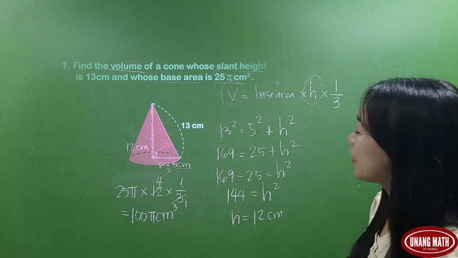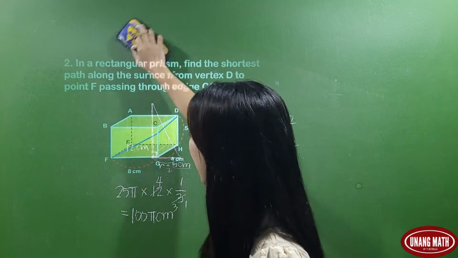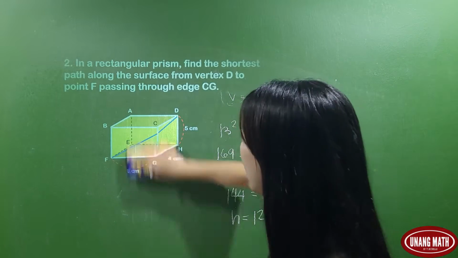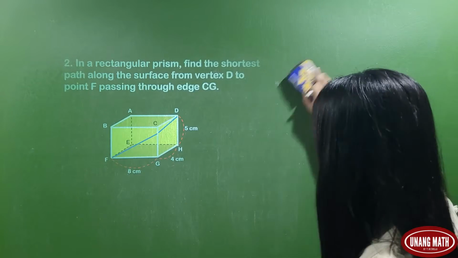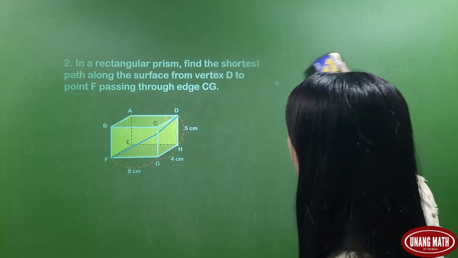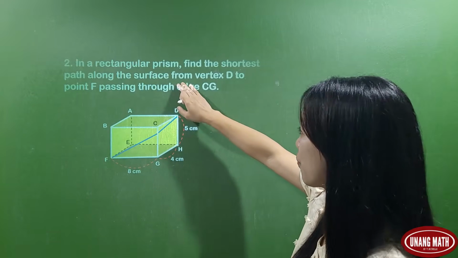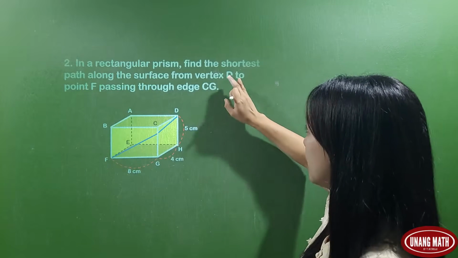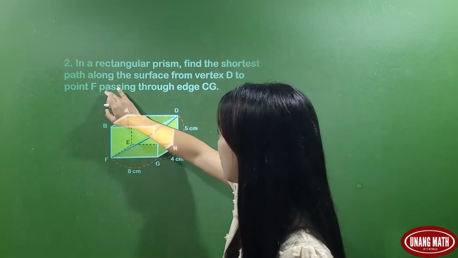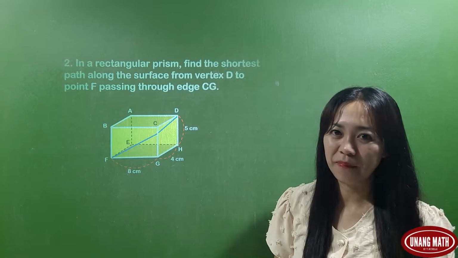Okay, let's move on to our second question. In here, according to this, in a rectangular prism, we will find the shortest path along the surface from vertex D to point F, passing through edge CG.